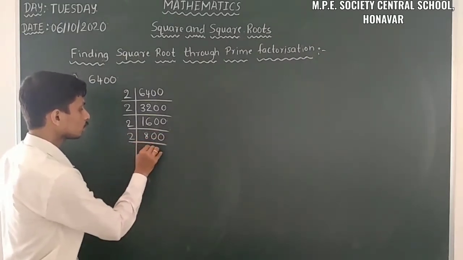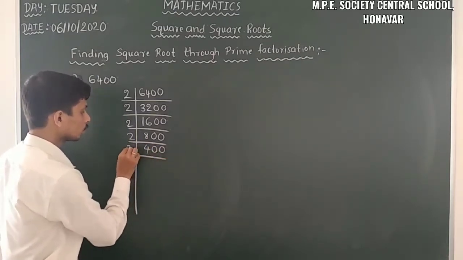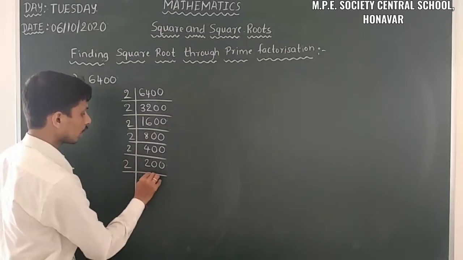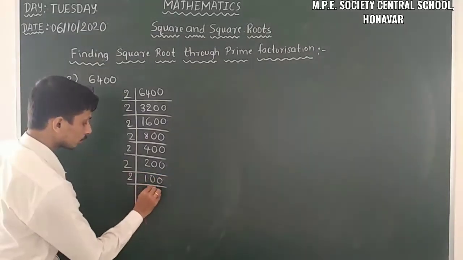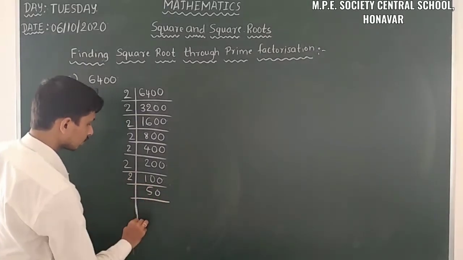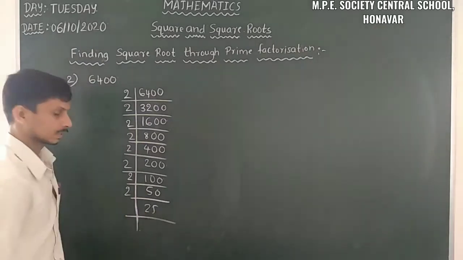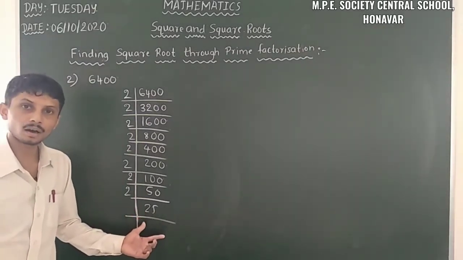Then 2 into 4, 0, 0. Then 2 into 2, 0, 0. Then 2 into 100. Then 2 into 50. Yes. So here 2 into 25. Here we can't take 2 because it's an odd number.